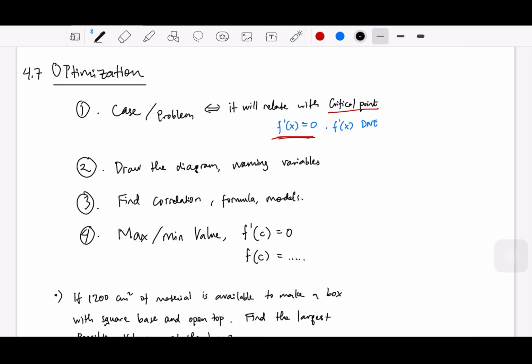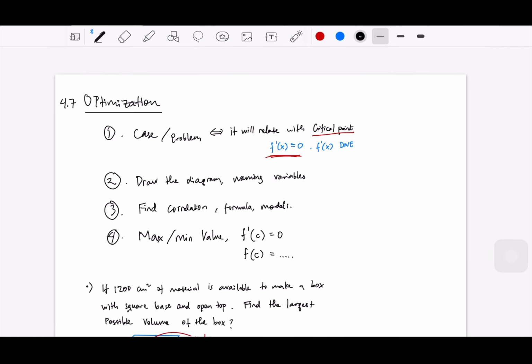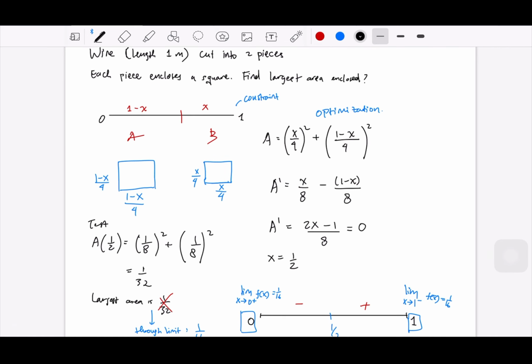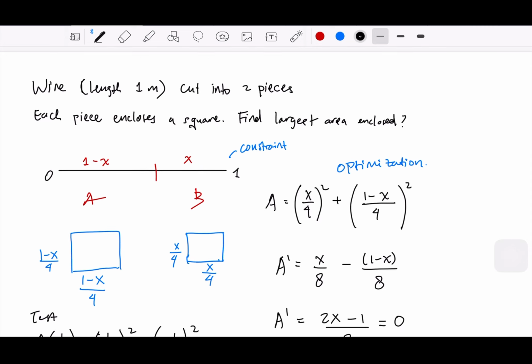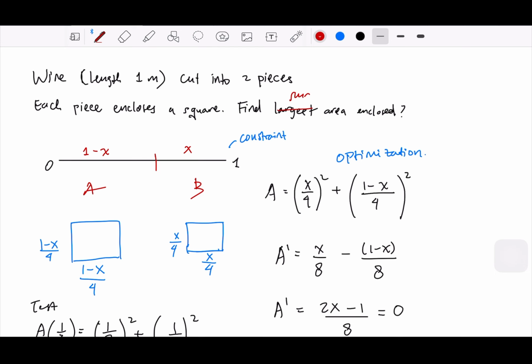As long as you know how to derive and find the critical point, you can still survive these optimizations. This is just to prove that the question is not asking the right question. It should be asking not largest, but smallest.